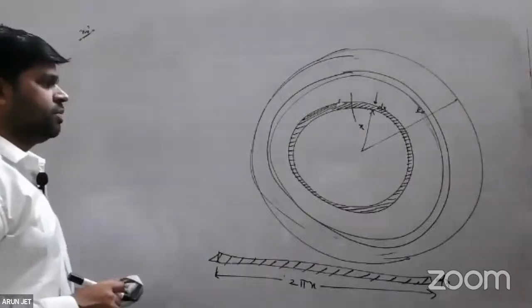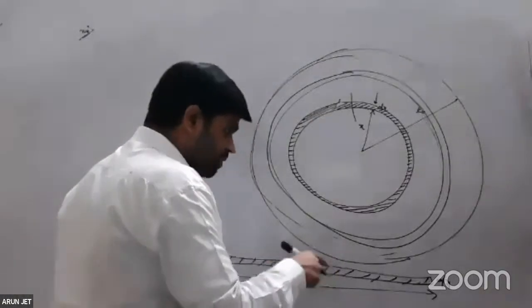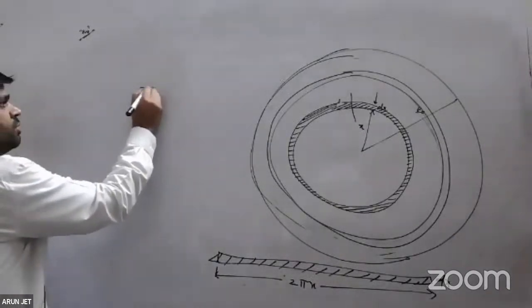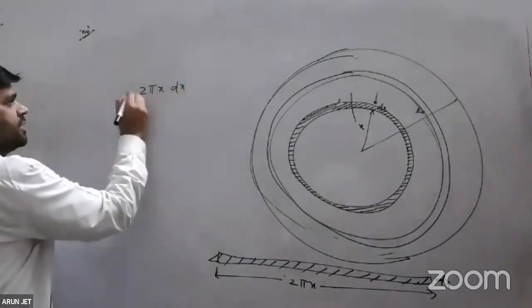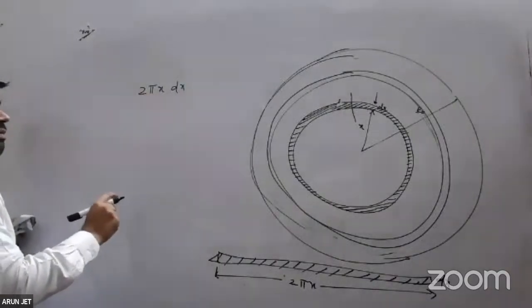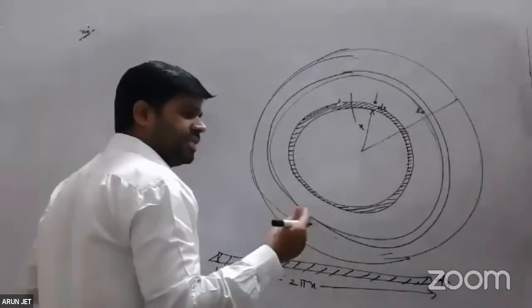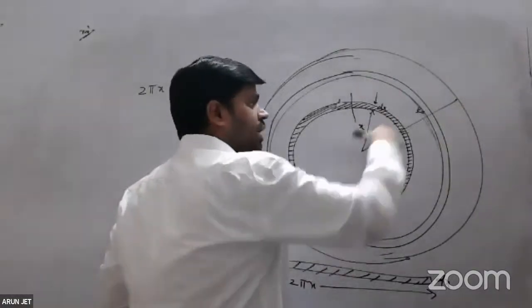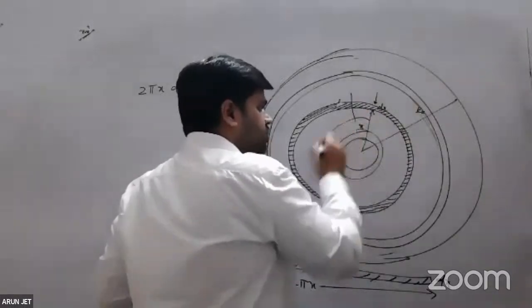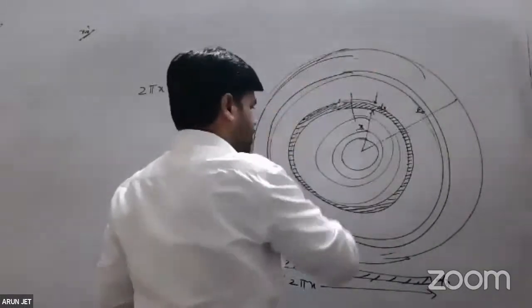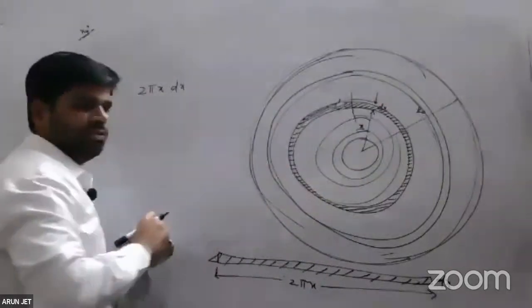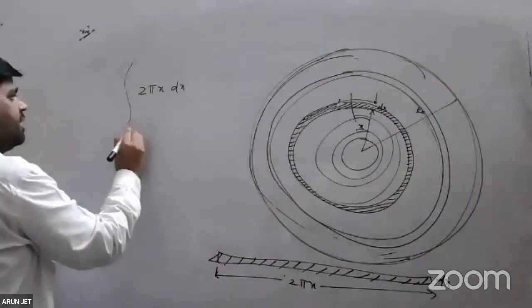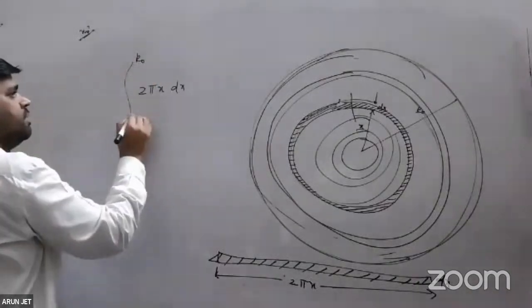Okay. So what is the area of this strip? Area of the circular strip is 2 pi x dx. Now I have to integrate this, sum it up. Another word for integration is summing up. I have to sum up all the rings from 0 to r naught, from smaller rings to the ring of radius r naught. So I integrate this from 0 to r naught.